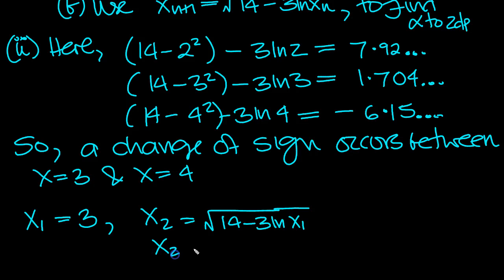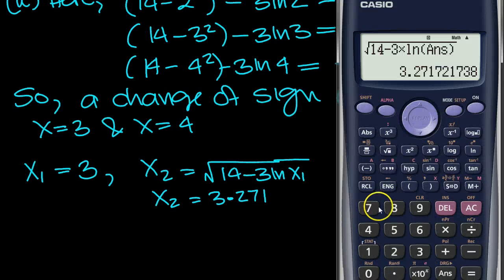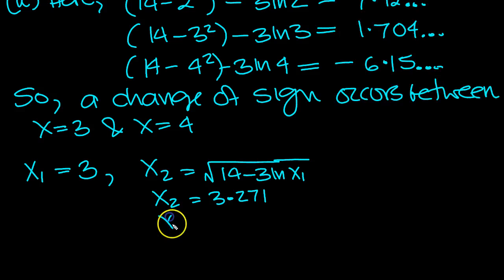So x2 is equal to 3.271. x3, so let's press equals again, 3.231. x3 is equal to 3.231.